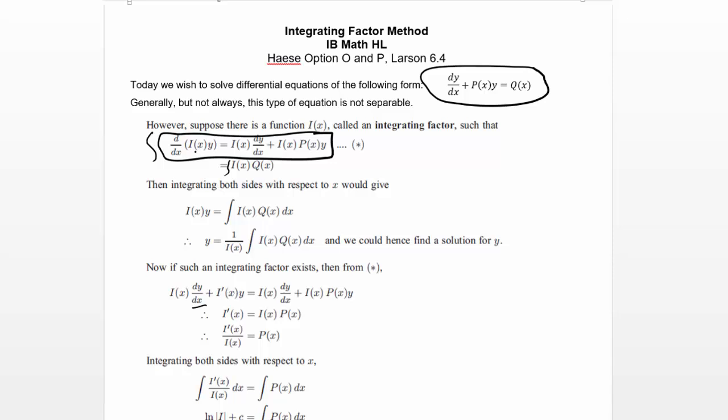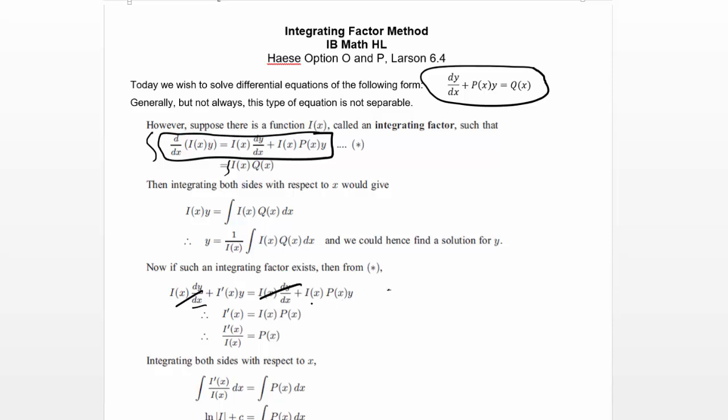And again, we've chosen this function such that it is equal to I(x) dy/dx plus I(x) times p(x) times y. Note that on both sides of this equation is an I(x) times dy/dx, and we'd be left with I prime times y is equal to I times p(x) times y.